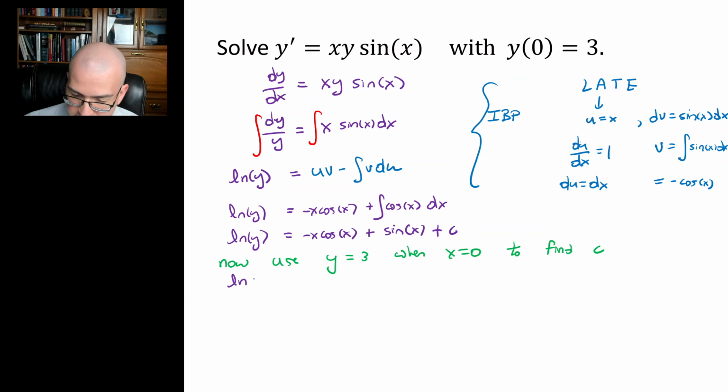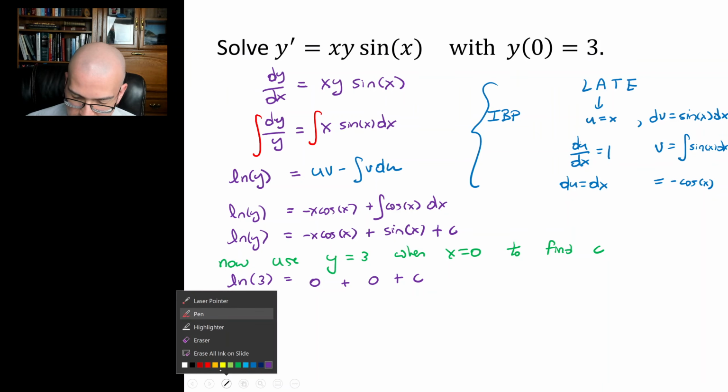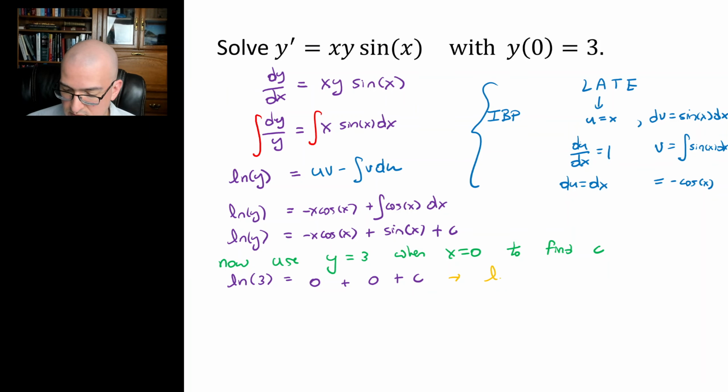So ln of 3 is equal to 0 plus sine of 0, which is 0, plus c. So ln of 3 is equal to c. And we exponentiate e to ln 3. Oh no, that's it. Just c is equal to ln 3. We're done.